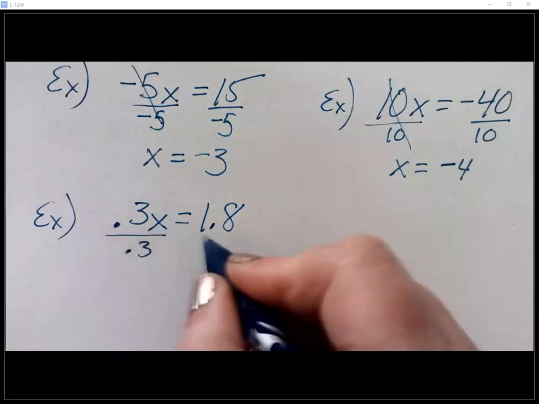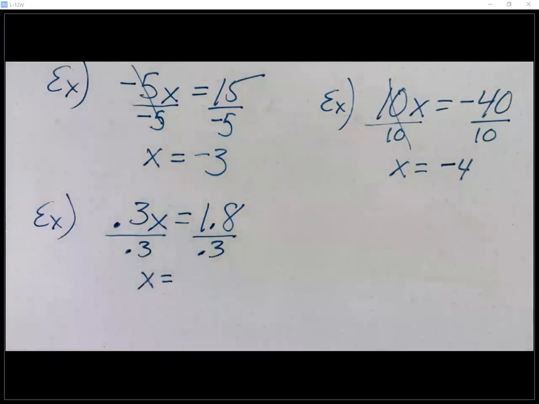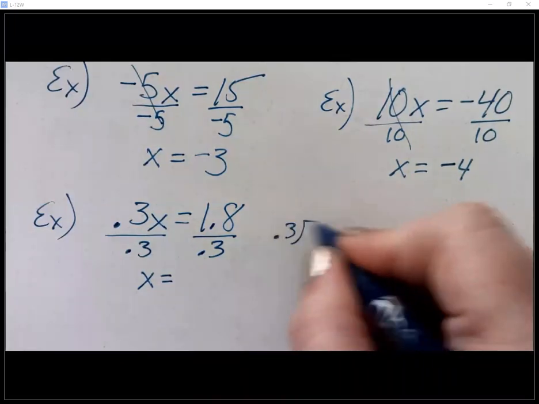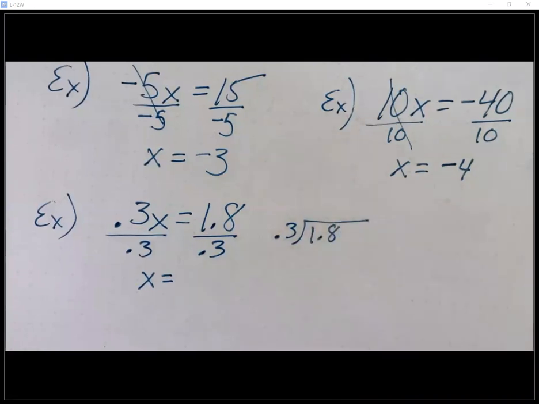Divide by 0.3. If you have a calculator and you're allowed to use one, 1.8 divided by 0.3. If you don't have one, or if you're not allowed to use it, you remember how to do this by hand, right? I'm just going to do it real quick. If I was going to do this by hand, 0.3 into 1.8. Do you remember what you do first when you have a decimal and you're trying to divide?